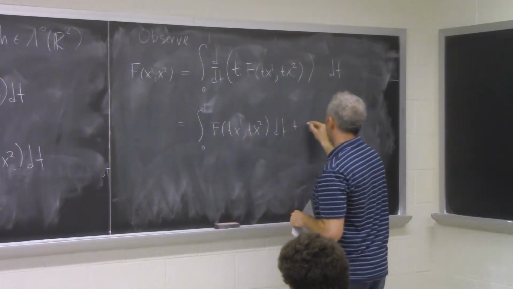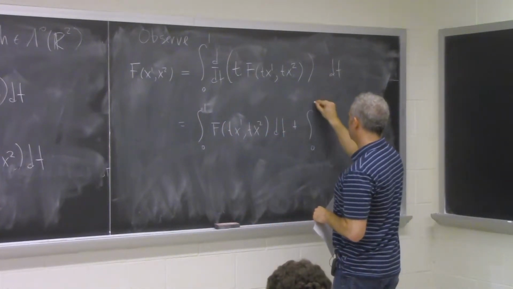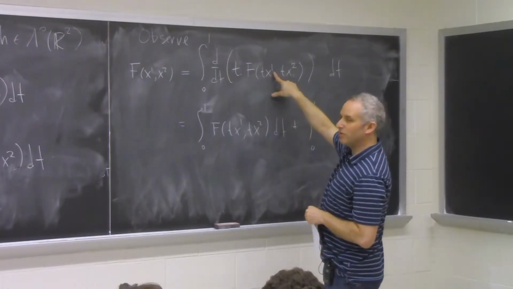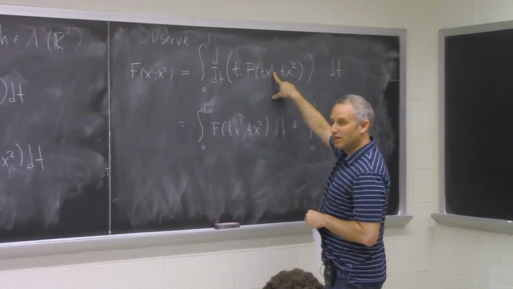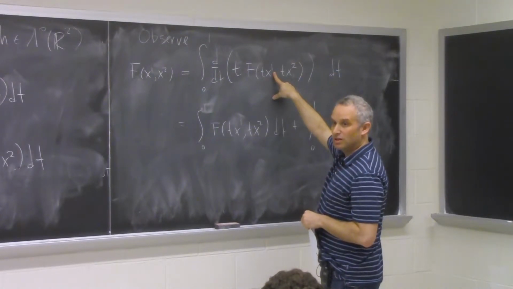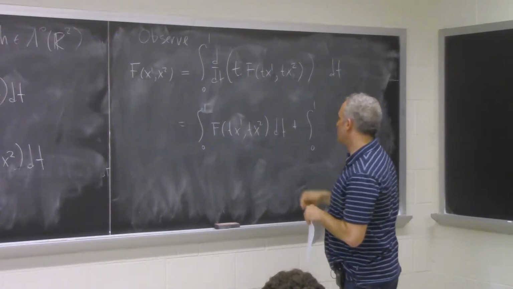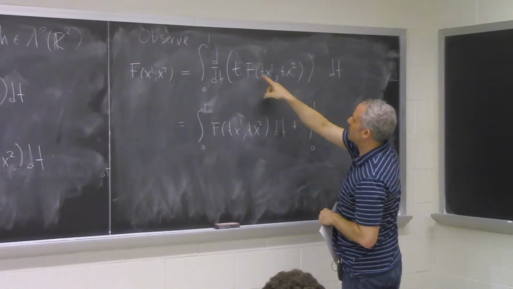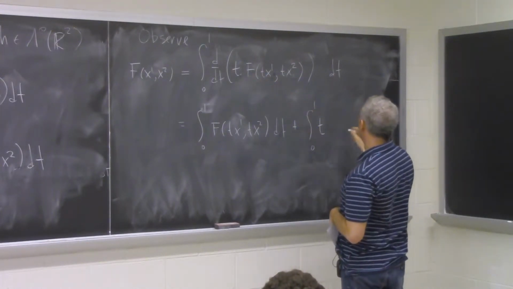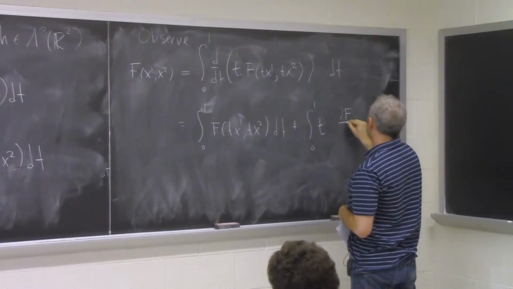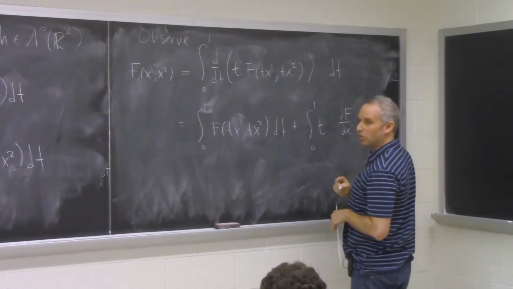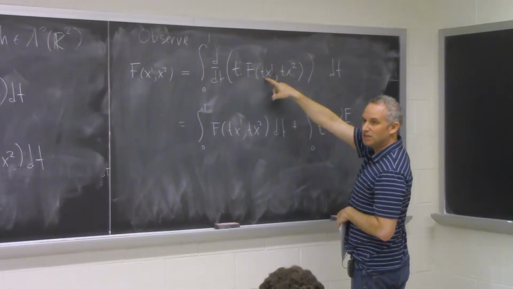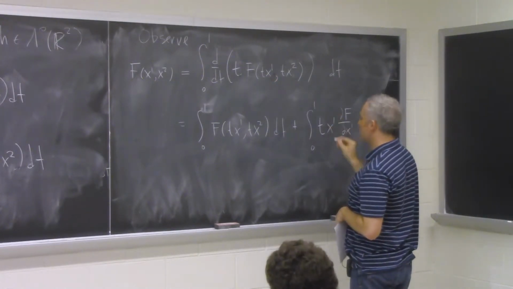So for the next one, we have to leave this fixed and take the derivative of this thing with respect to t. That has 2 terms. This is a chain rule, right? So the first term is, well, the t stayed there, and we take the derivative with respect to t. In the first argument, we have the partial derivative of F with respect to its first argument, and then we take the derivative of this function of t, and we get a factor of x1.